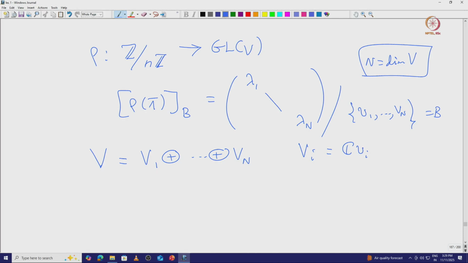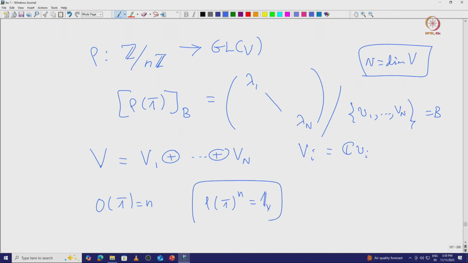Now, if you think about it, these lambda_i's are not some random complex numbers, since the order of 1 bar is n. So, we must have rho of 1 bar power n equal to identity.